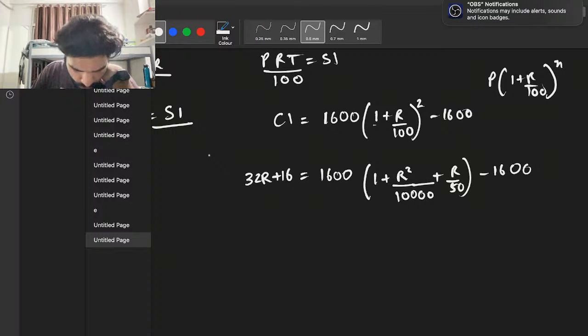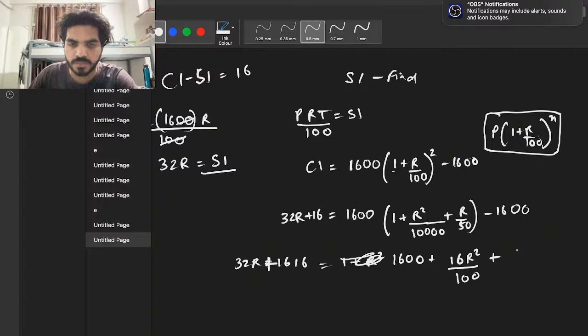Okay, I'll do that as well. So 16 into 6 is 96, 36R. Let's simplify this: 16R square.